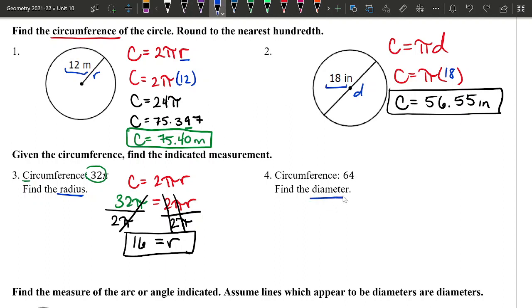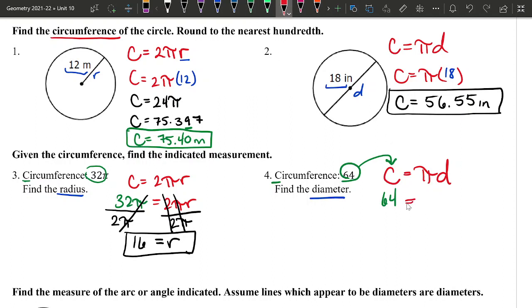In number 4, this time it gives circumference and asks for diameter. So it would be best to use the circumference formula with a d for diameter, pi times d. I'm given that C is 64. So I'm going to plug that in for C, 64.